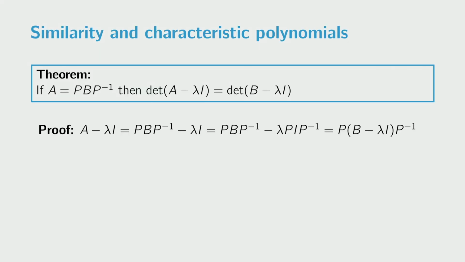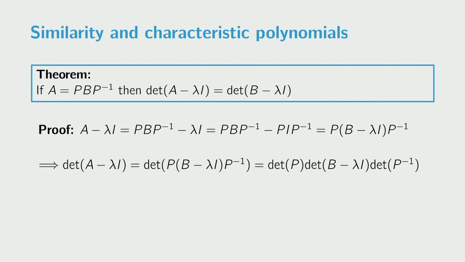Firstly, the matrix A minus lambda times I is seen to be equal to the matrix P times (B minus lambda times I) times P inverse. Hence, due to the multiplication rule of determinants, the determinant of A minus lambda times I is equal to the product of the three determinants shown here, which is equal to the required result due to the cancellation indicated here.